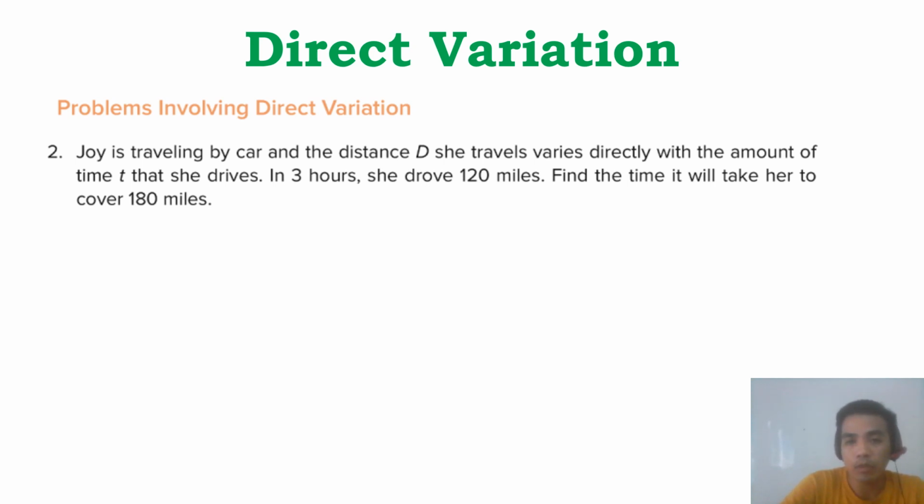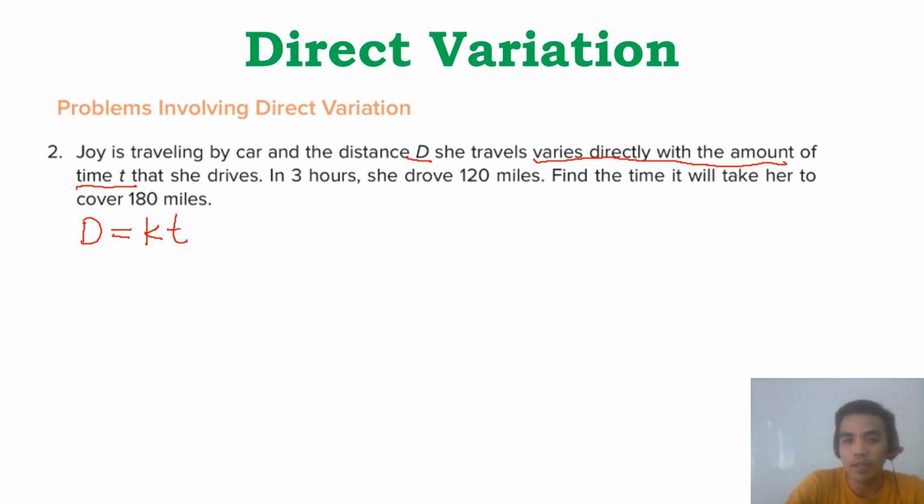Find the time it will take her to cover 180 miles. Okay, so let's write first the equation. We have the d varies directly sa t, di ba? So this is our equation.